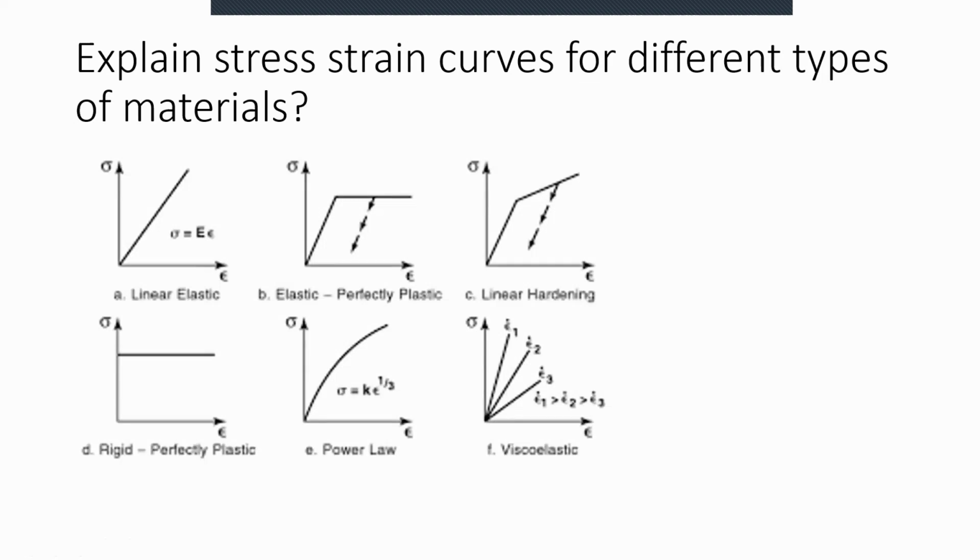The first one is linearly elastic. There, the material behaves elastically only up to the proportionality limit. Do you guys know what the proportionality limit means and what the actual elastic limit means? What is the difference, or are the proportionality limit and the elastic limit the same? The elastic limit is the point till where Hooke's law is followed.